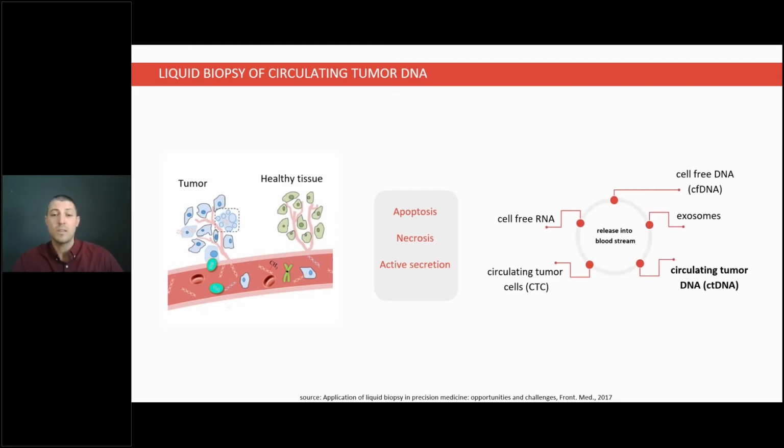There are several cell components which are released into the bloodstream, for example, cell-free RNA, circulating tumor cells, cell-free DNA, and exosomes. And we are interested in circulating tumor DNA, so small DNA molecules which originate from the tumor.